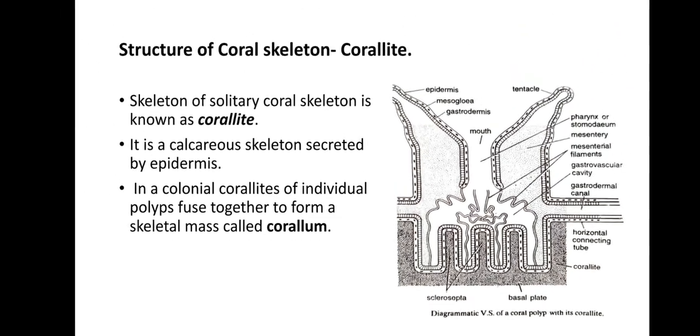Recall the classification of coelenterata: Hydrozoa, Scyphozoa and Anthozoa. Most of the corals are secreted by the members of Anthozoa, but a few of them are also secreted by Hydrozoa members, not by the Scyphozoans.